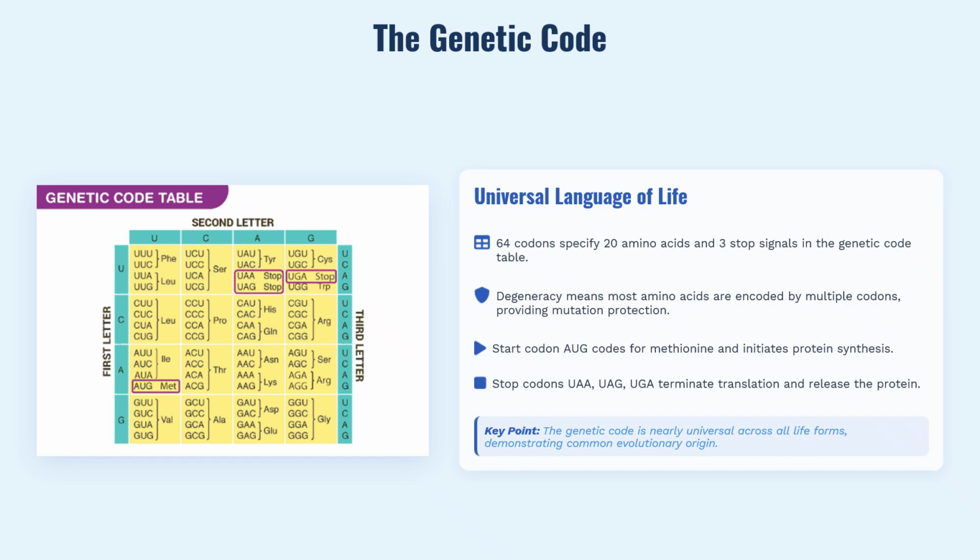The code is read in a non-overlapping manner from a fixed starting point, ensuring accurate translation. Understanding the genetic code is essential for comprehending how DNA mutations affect protein structure and function. This knowledge forms the foundation for genetic engineering, gene therapy, and understanding inherited diseases.